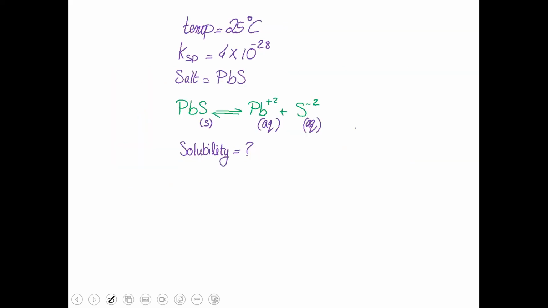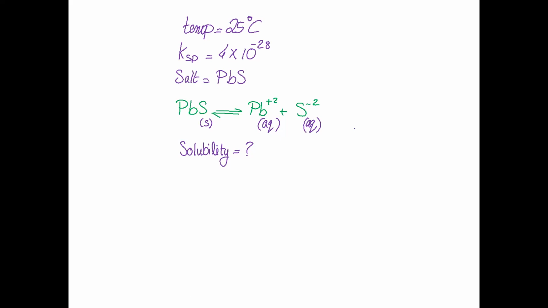Let's make the data: temperature, Ksp, name of the salt, equation, and then we want to find the solubility. Here, we want to make a very important concept, which is not a past paper concept, but it's a theoretically important concept, that the solubility of a sparingly soluble salt is the concentration of its ions. Even though this doesn't initially make good sense, because solubility is something different and concentration is something different.